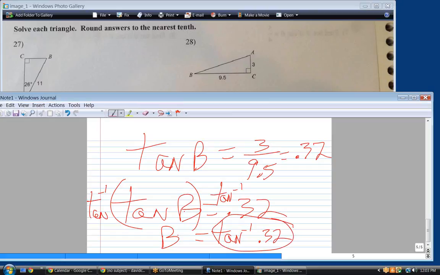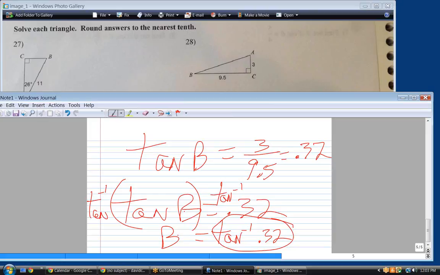I'm still getting a decimal. Probably you are in radians. Do you know how to check? I can tell you real quickly. Even though my calculator doesn't work, I can still see the keys. Check mode, go down to where it says radians or degrees and make sure you're in degrees.